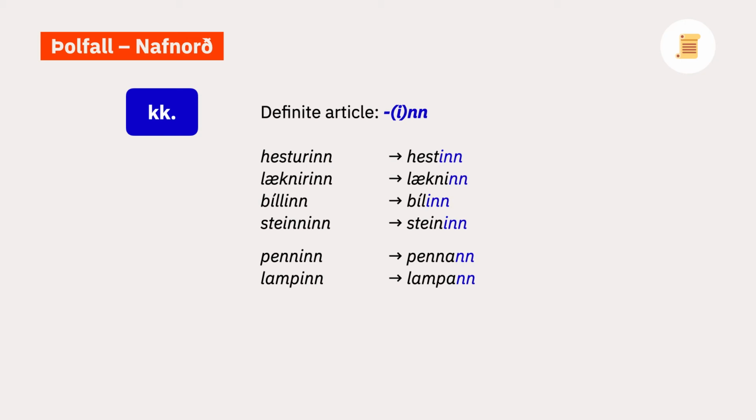Steinninn, steininn. Penninn, pennann. Lampinn, lampann. As in the nominative, the i is only added if the noun doesn't already end in a vowel. So hestinn, as opposed to lækninn, lækni already ends in a vowel. So we don't need to add another one. Pennann, penna ends in a vowel, so we don't need to add the i. Pennann.